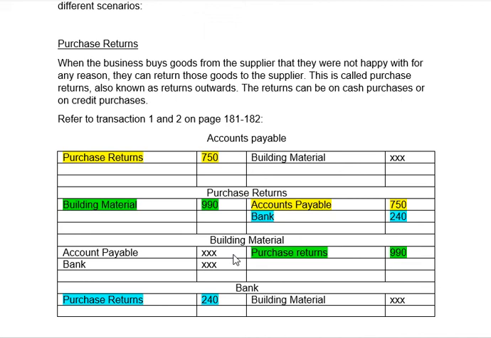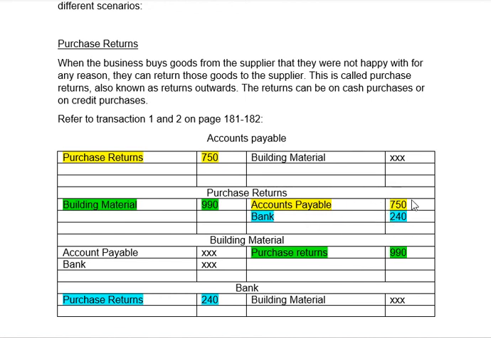Now this is where the closing off of the purchase returns account will come into play. You will make all of your returns for the period, if it's the year or for the month or however you report, and all of the returns will now be listed on the credit side. You will then add up all of these returns. So in this scenario, the credit return of 750 and the cash return of 240.